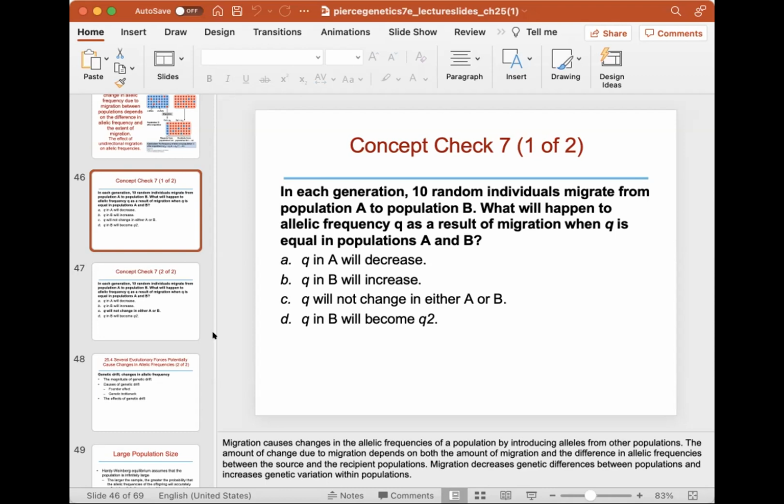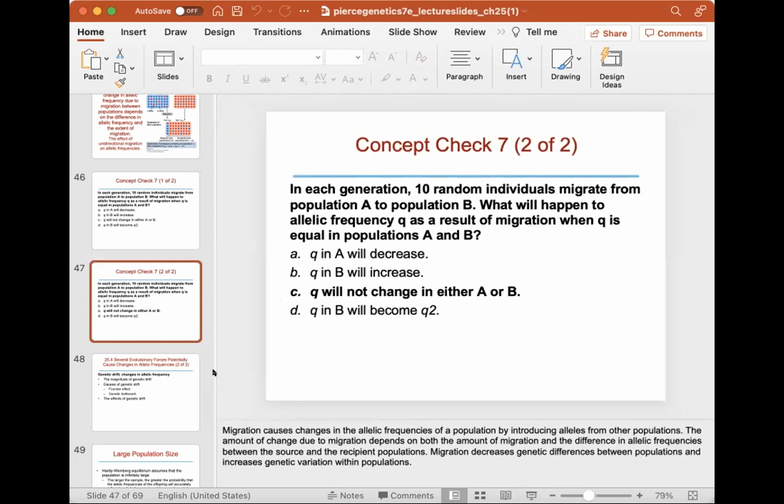The answer they gave us was C, but I'm very confused. It looks like it will increase because it's going from A to B, so it will decrease in A and increase in B. But I don't know why it's not changing.